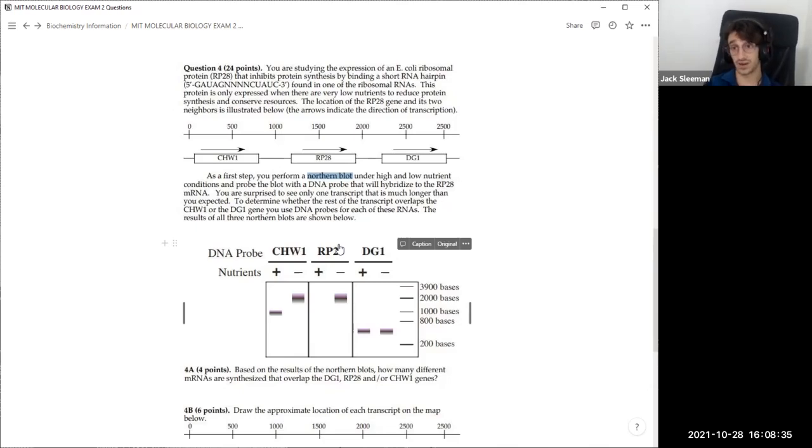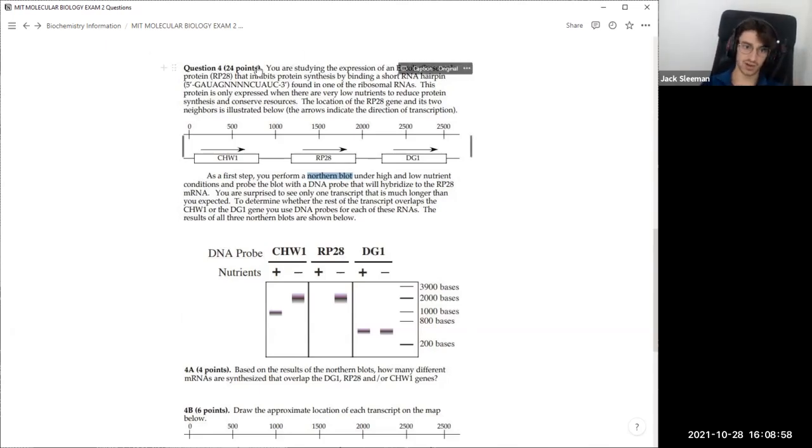Whereas rho-dependent termination requires a trans-acting factor, which the cell has to synthesize. And it also requires energy, as a helicase, to pull a piece of RNA from an RNA polymerase. So there's another situation that requires energy. That might kind of make sense.